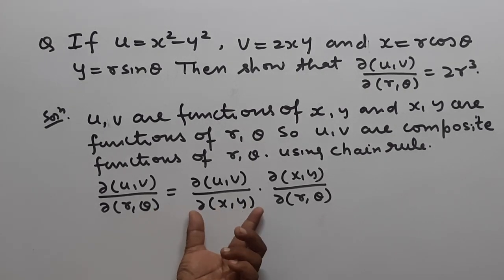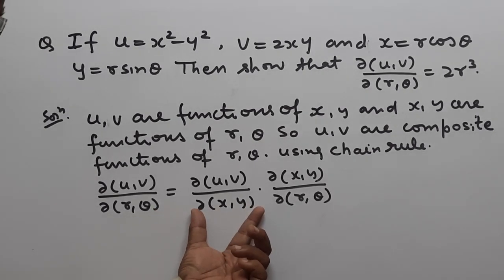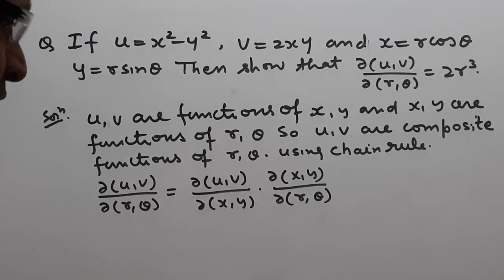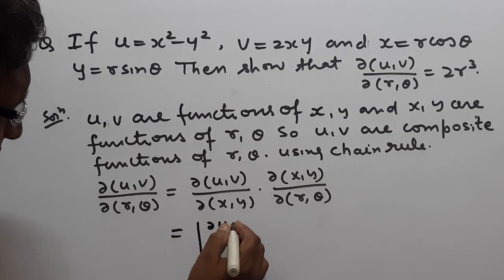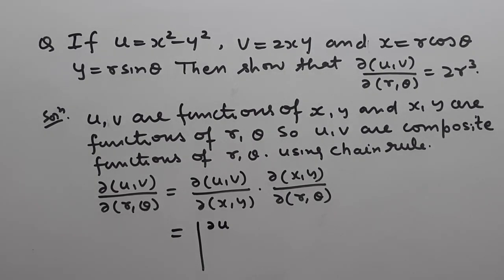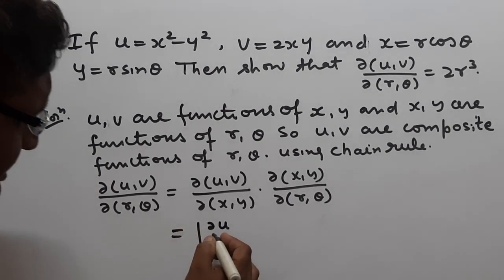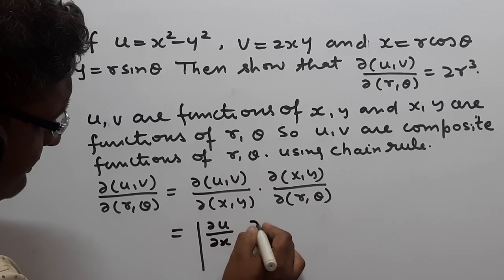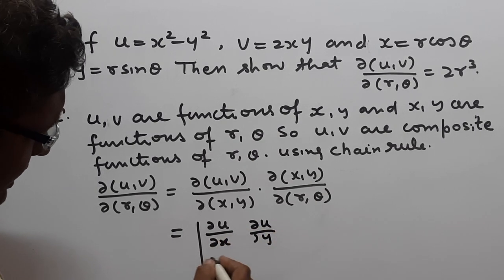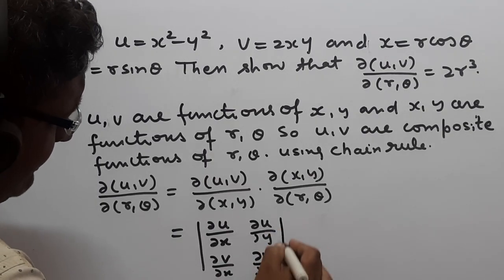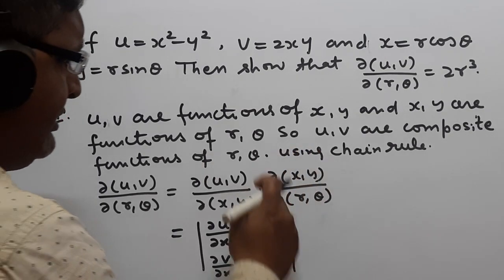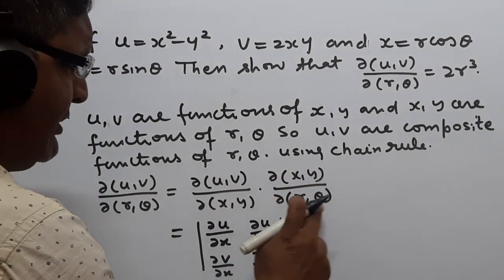So first we find here Jacobian of uv with respect to xy. So from the definition this can be written as del u upon del x, del u upon del y, del v upon del x, del v upon del y. And this is the Jacobian of xy with respect to r theta.